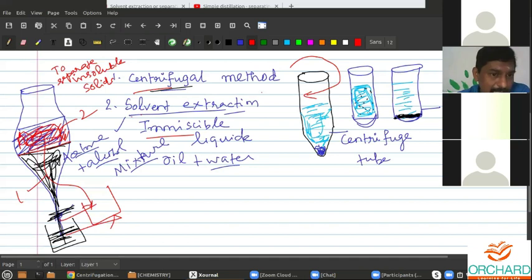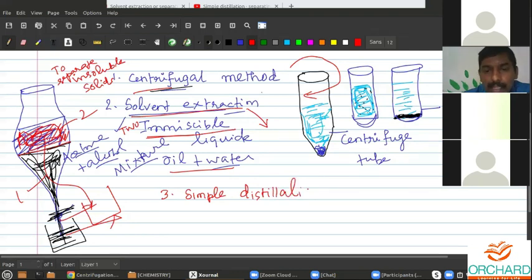The solvent extraction method is used to separate two immiscible liquids, just like oil and water. Let us first watch these two videos, and then we shall go for the third method, called simple distillation.